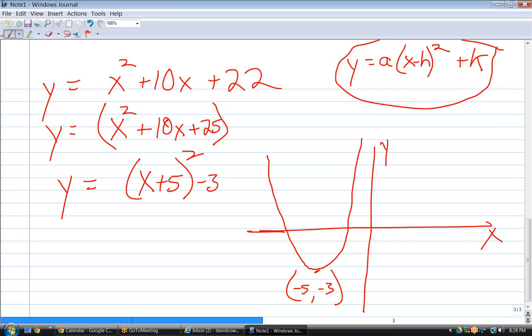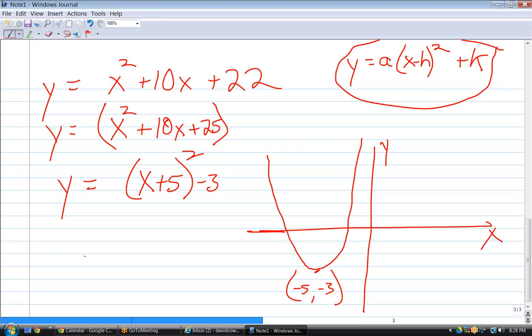On what interval is f increasing? Increasing means going from down to up. So where on this thing does it go from down to up? Oh, I should have said from low to high.